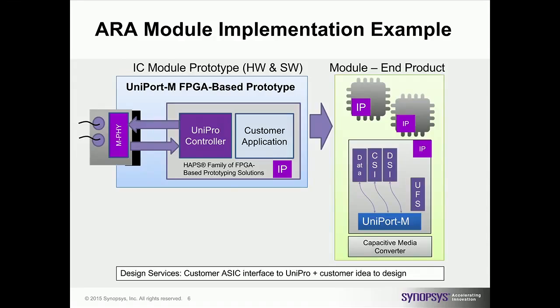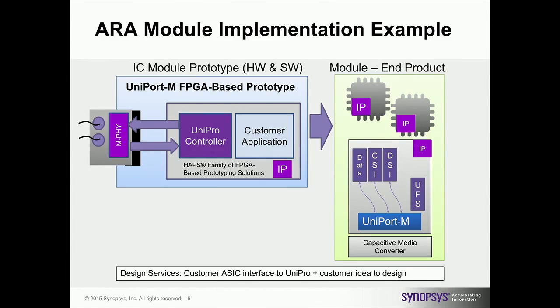When we look into this two-step approach in developing your module, you can start by prototyping. So you can get a prototyping kit, for example, an IP prototyping kit that allows you to get the controller and PHY all together from Synopsys. You can get a variety of more IPs depending on what you're really planning to do.